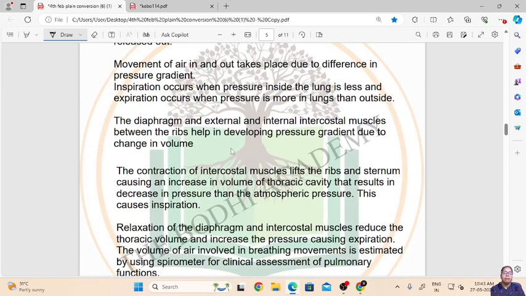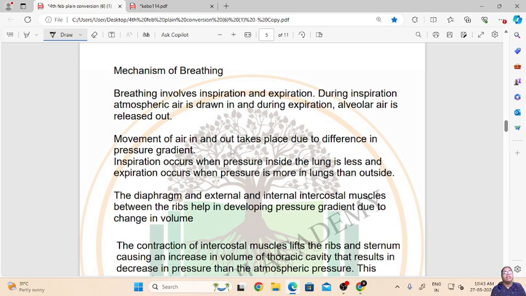Then let us see the mechanism of breathing. Breathing involves inspiration and expiration. During inspiration, atmospheric air is drawn in, and during expiration, alveolar air is released out. So here O2 is taken in and CO2 is given out.